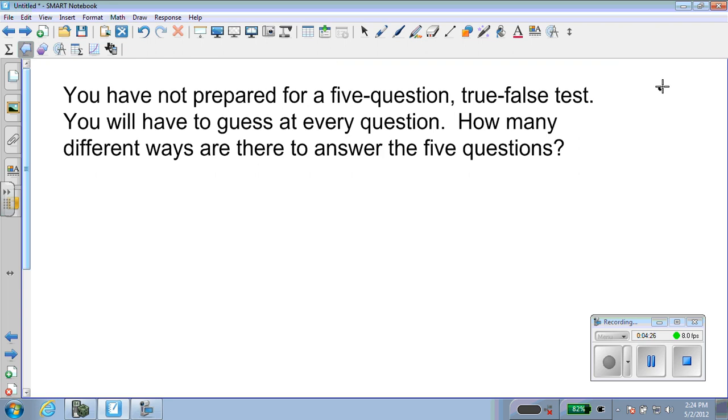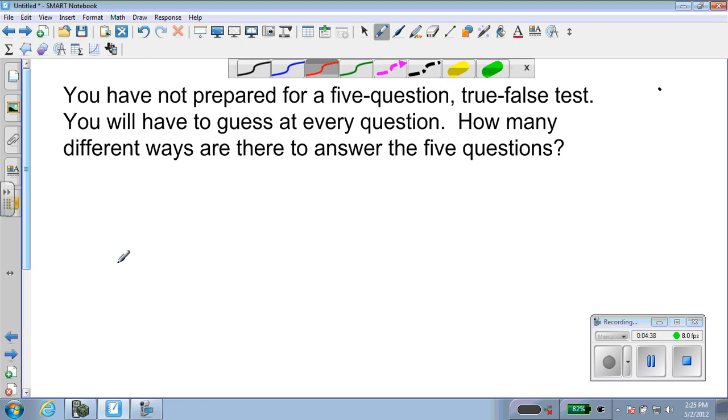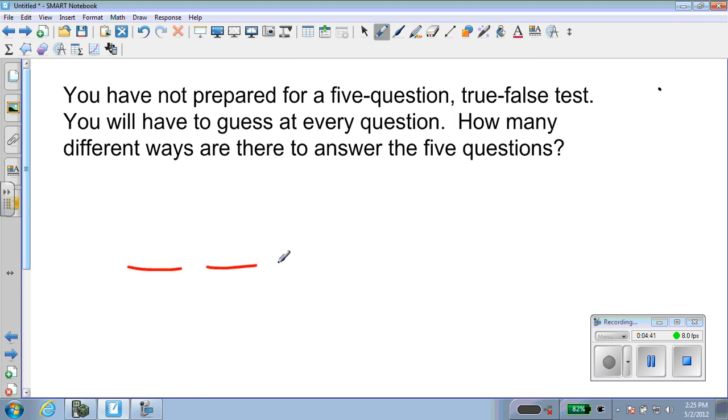You have not prepared for a 5-question true-false test. You will have to guess at every question. How many different ways are there to answer the 5 questions? Okay. Well, it's a 5-question test, so there are really 5 stages to this test.